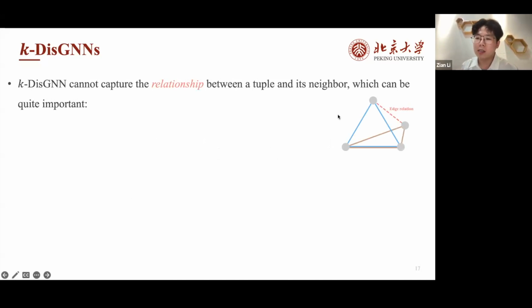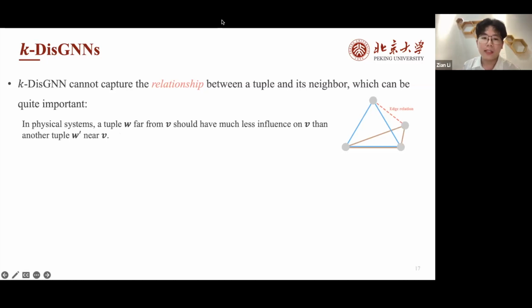Let's see the graph on the right. When aggregating the three brown tuples, the three blue tuples cannot be aware of the red edge relation. It's important because, for example, in physical systems, a tuple W far from V should have much less influence on V than another tuple W prime near V.